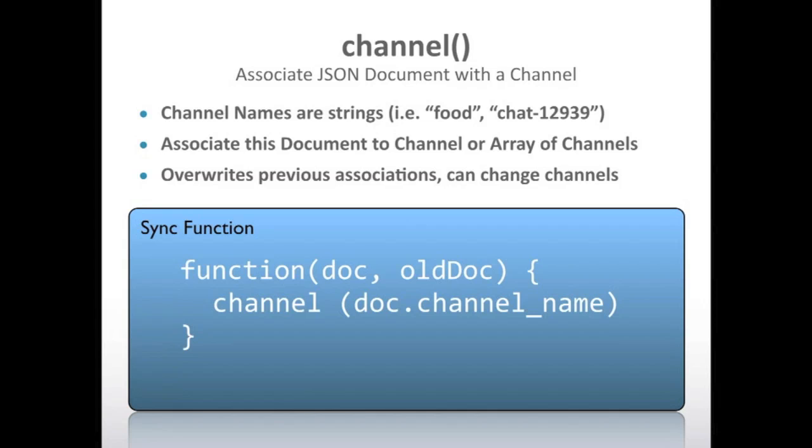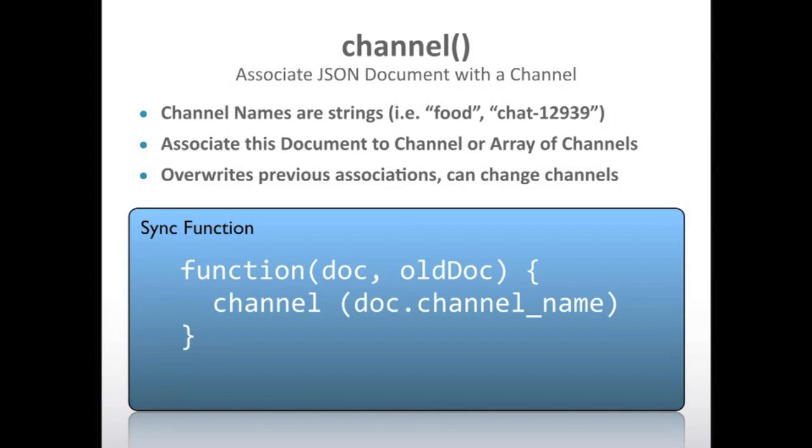These channels are actually coming from the document itself. So when it's saved, you're also including the channels that the document belongs to, and then it goes to the sync function. The sync function will get to this statement of channel and associate the document with those channels. If it's already associated with them, it doesn't modify anything.